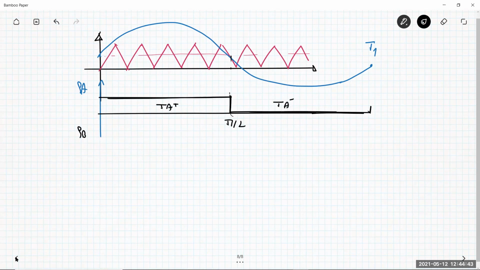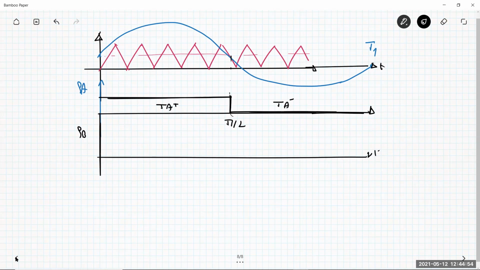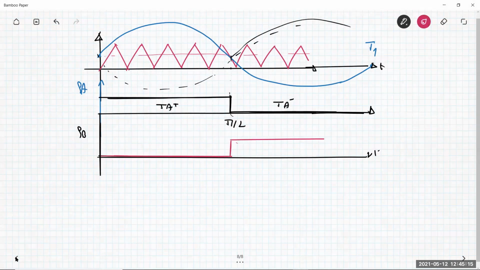What happens for QB? QB depends on whether you are using a unipolar or bipolar pulse width modulator. If you use the unipolar pulse width modulator, you have to consider the symmetrical wave with respect to this one, and you see something like this. TB minus, TB plus.